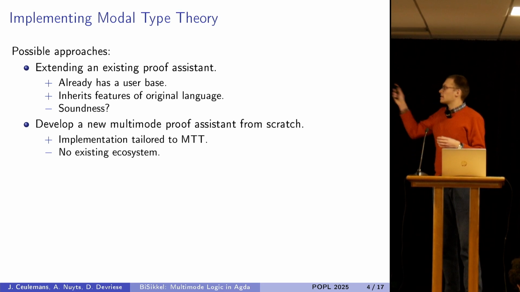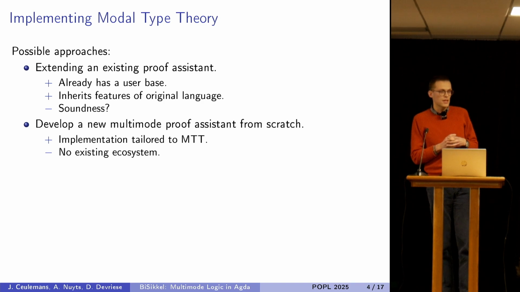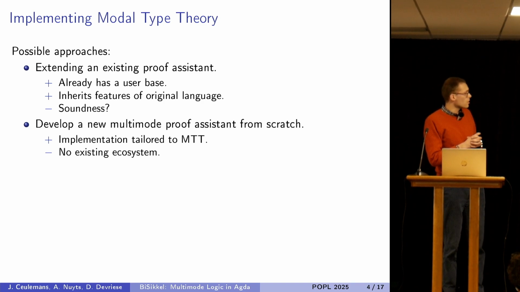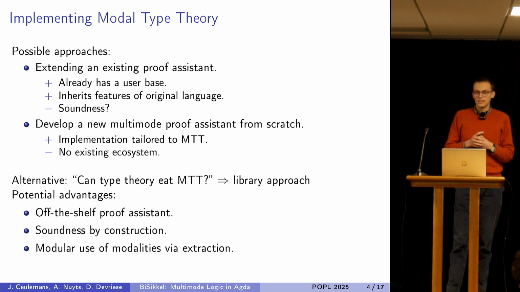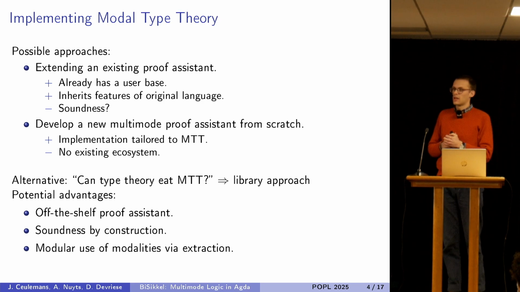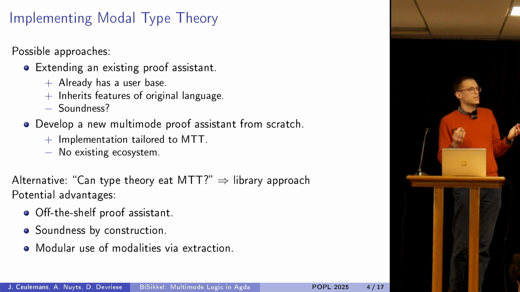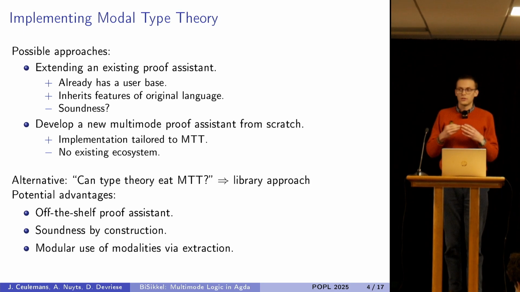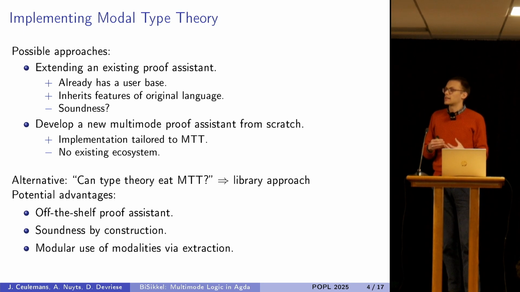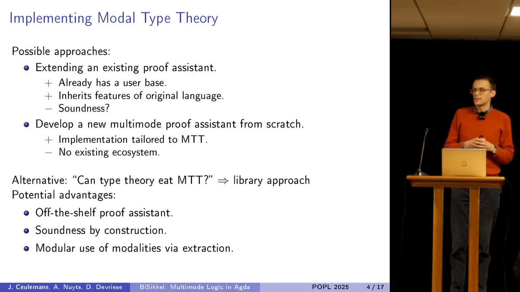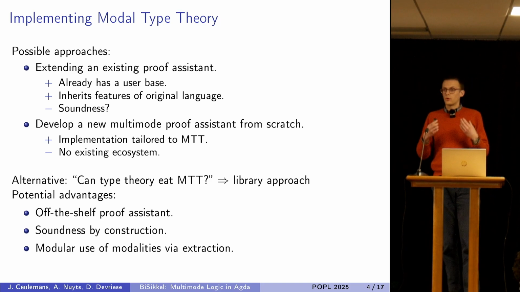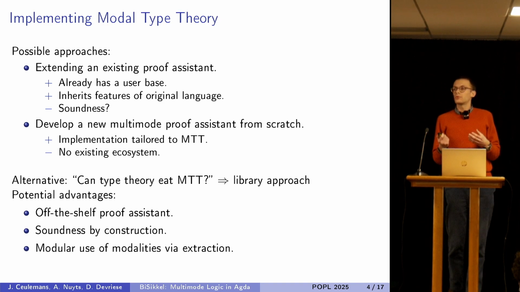And there has been work in these two directions already. But actually, what I want to talk about in this talk is a third alternative approach, and that's based on the idea that type theory can eat type theory. So we can use type theory to formalize type theory. And then the question is, of course, can we also use type theory to formalize MTT? Because if that's the case, then our approach could also be to write a library for MTT in an existing proof assistant.